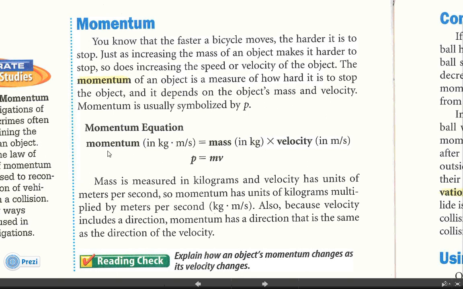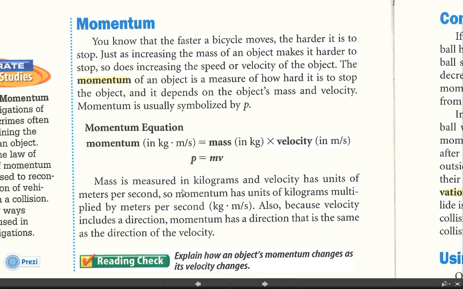So momentum is the mass times the velocity. Mass is measured in kilograms and velocity has units of meters per second, so momentum is kilogram meters per second. Because velocity includes a direction, momentum has a direction that is the same as the direction of the velocity. So your momentum is your mass times how fast you're moving.